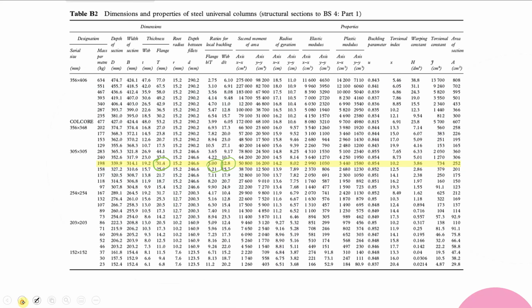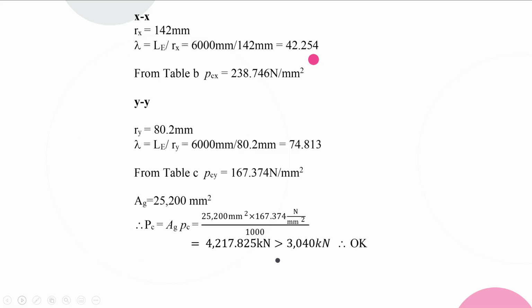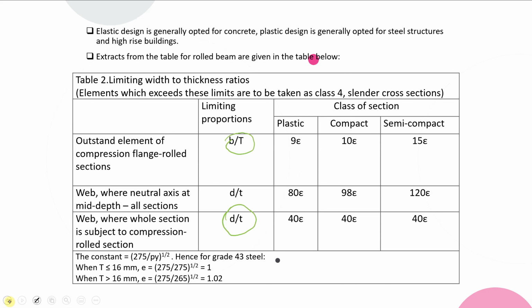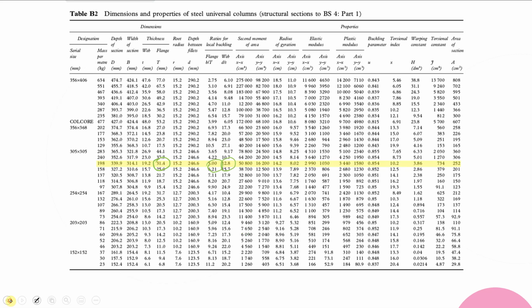And then as usual we want to find PC again. For XX 142, the value of RX, we refer to the table and look at the radius of gyration again: 8.02 for YY and for XX it is 14.2 and 8.02.